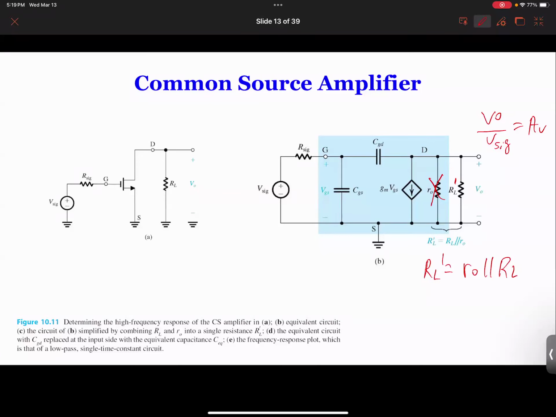Now if we remove the whole thing over here, you look at how many nodes you have on this circuit. It's basically 3 loops and 2 nodes. You can easily write a nodal equation on the 2 nodes, and after you write the nodal equation, you can easily solve for the output and the input.